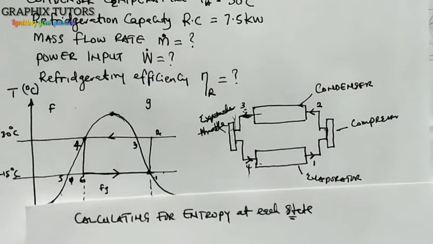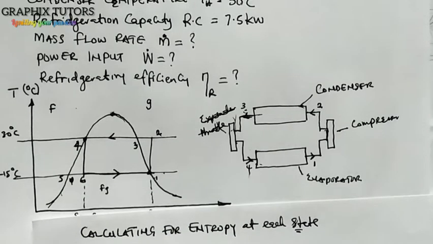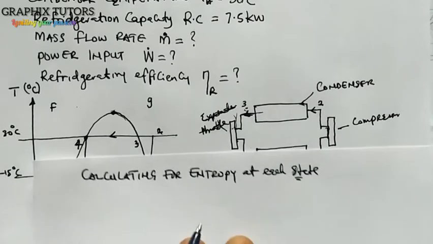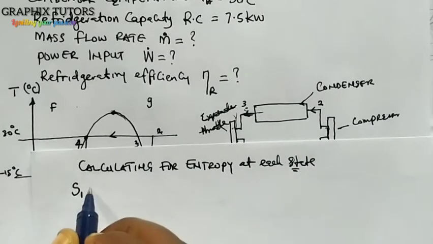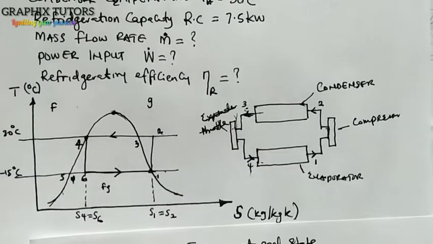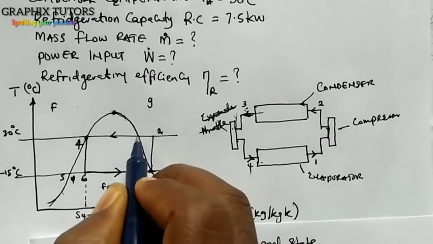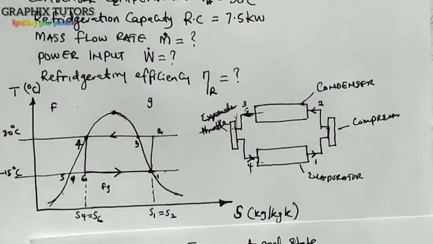You only focus on the entropy that is saturated. At this point it's saturated, that is 0.1. So I'm going to put S1 first equals to, the next point that is saturated is at 0.3. I'm going to put S3.